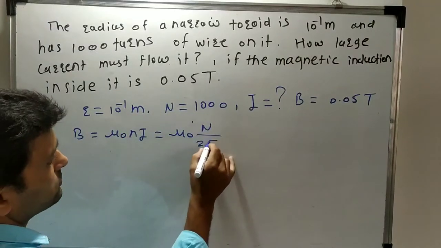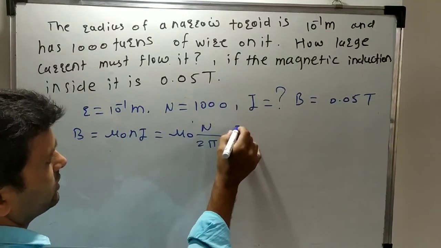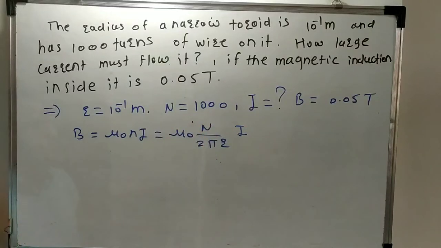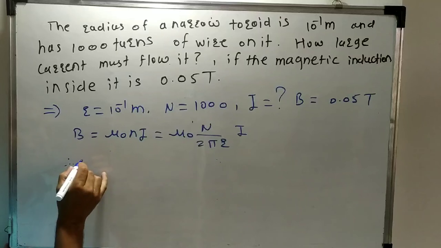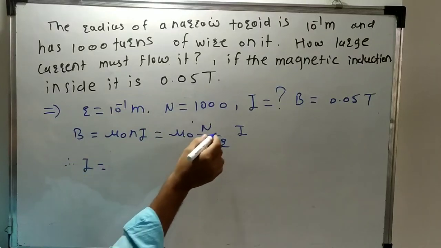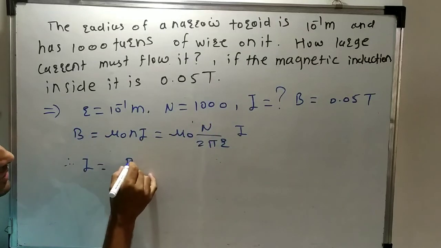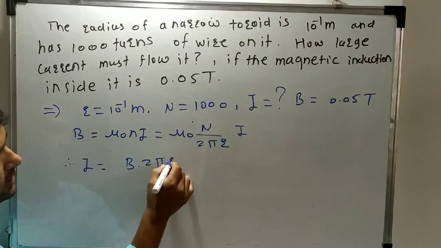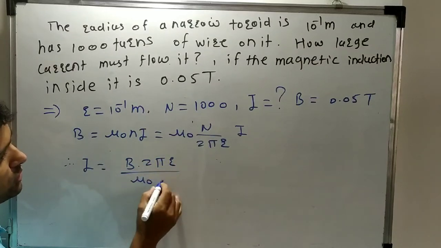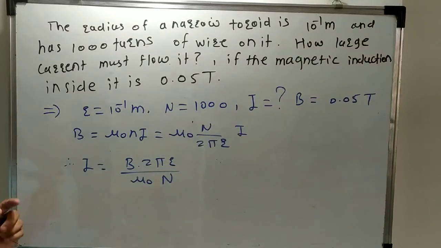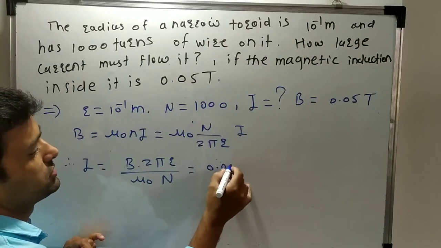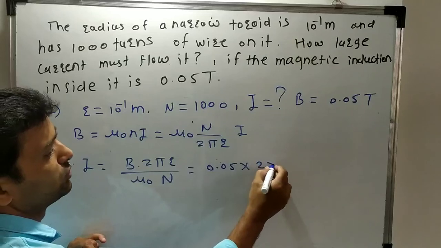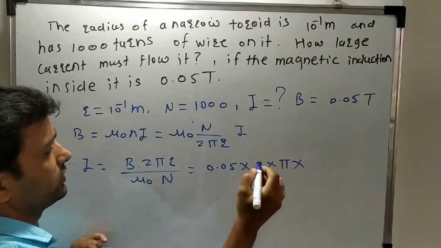Number of turns per unit length, N upon 2 pi r, into I. So from this equation we can determine the value of I. So I becomes B into 2 pi r upon mu naught into N. Put the values: what is B? 0.05 into 2 into pi into r.